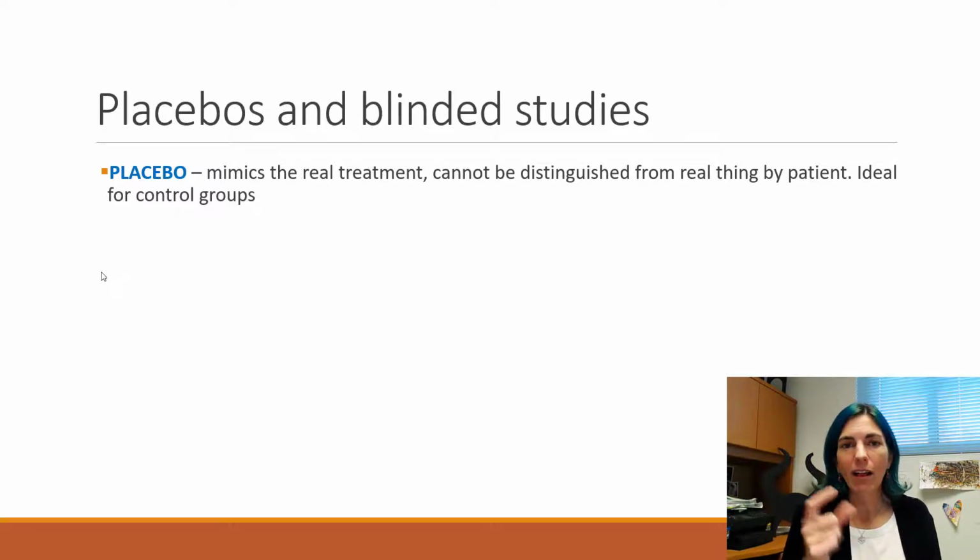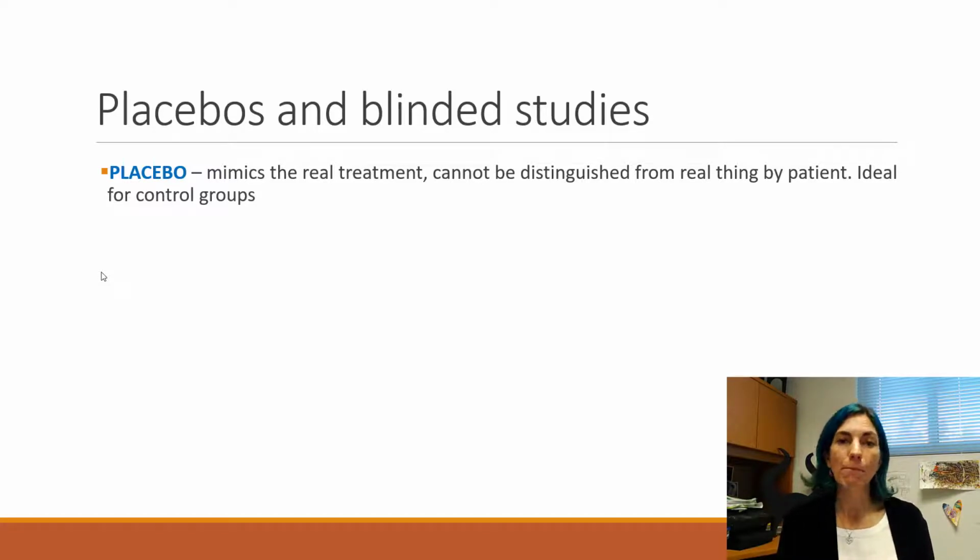Likewise, if I tell a patient, this is a placebo, it's not the real deal, it's not going to make you better, and they don't feel that much better, they might almost exaggerate the other way, going, yeah, I don't feel any better. It's a placebo. I know it's not going to work. So the power of belief ends up contributing to bias. And we want to remove bias as much as possible.